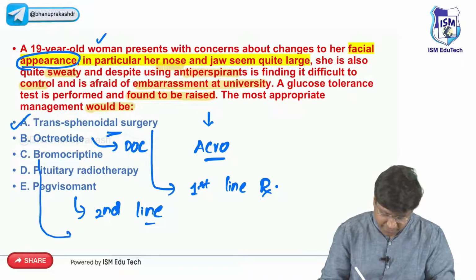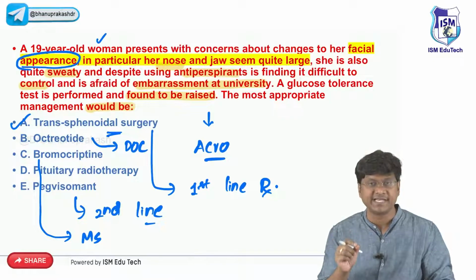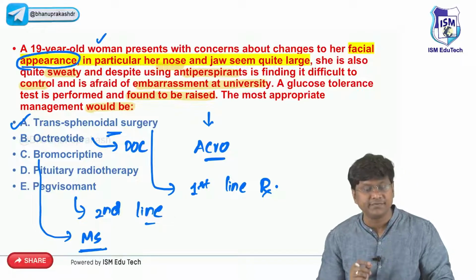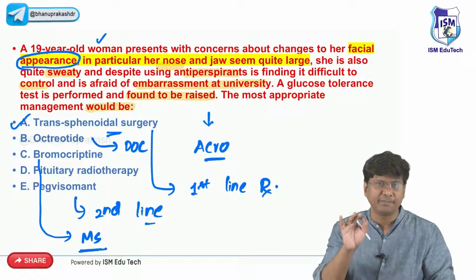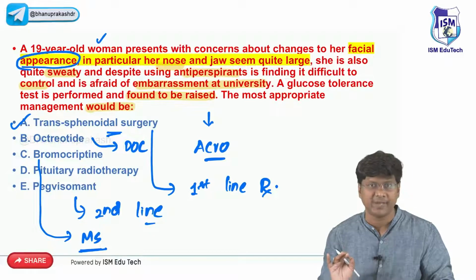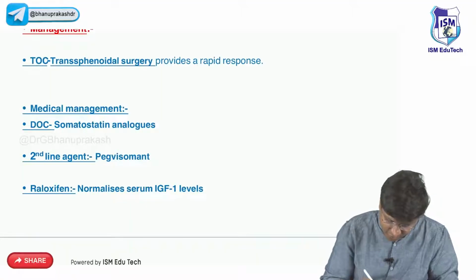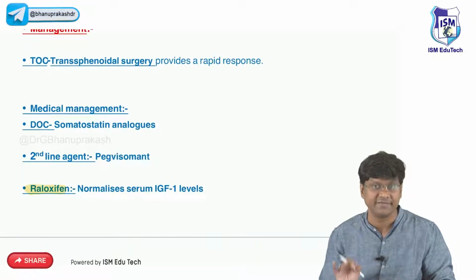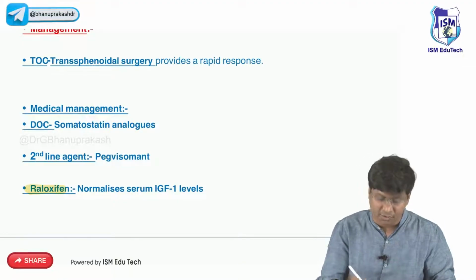Then what about bromocriptine? Whenever the patient is having acromegaly secondary to mammosomatotroph type of pituitary adenoma, then we give bromocriptine. And we have one more drug in case of persistent severe form of acromegaly. In persistent severe form of acromegaly, the drug that you will be giving is raloxifene. What is raloxifene? It is a selective estrogen receptor modulator.